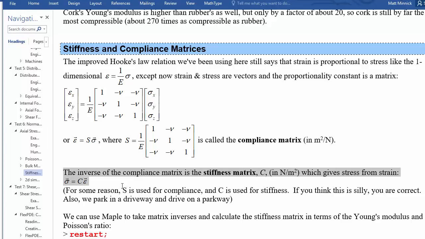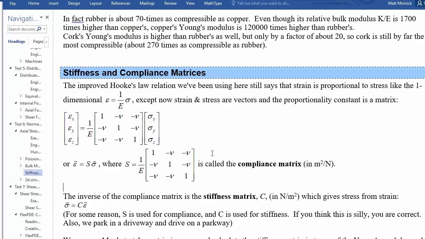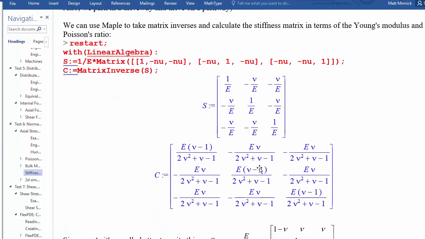And I guess because engineers have a strange sense of humor or something like that, the symbol for the compliance matrix is an S, while the symbol for the stiffness matrix is a C. So they're kind of reversed like that due to some running joke that has gone on probably too long. But anyway, now you're part of it.